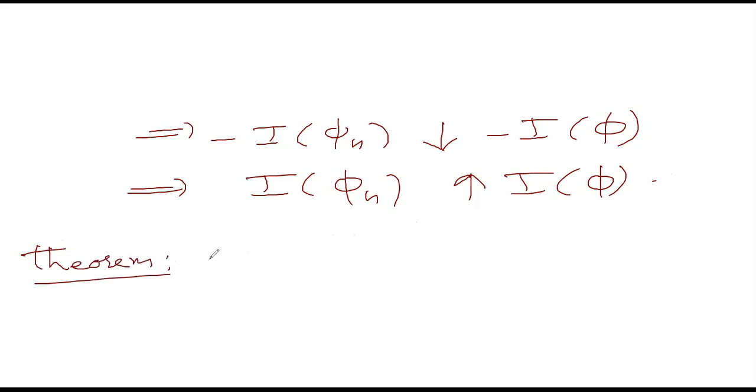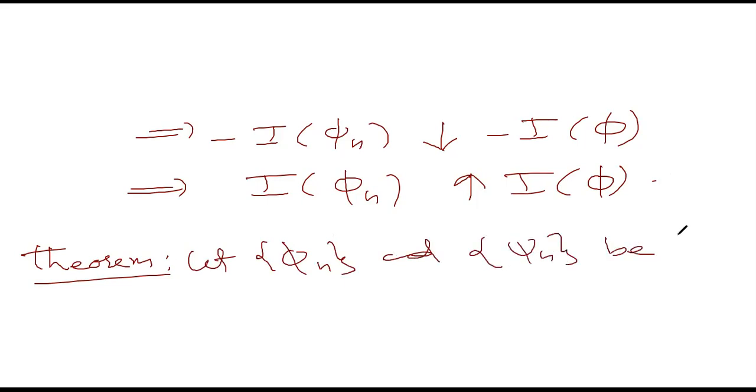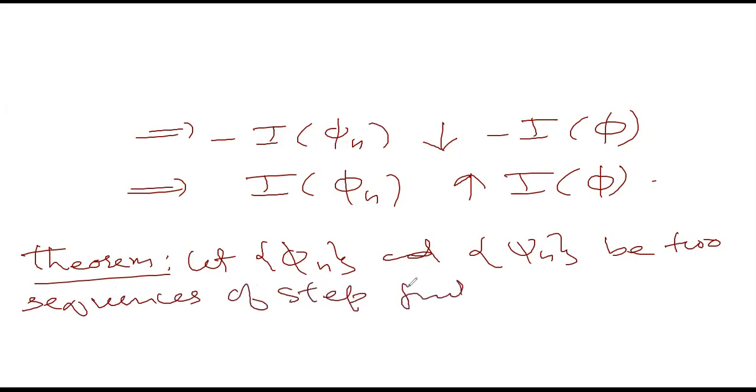Let phi n and psi n be two sequences of step functions, and f is a function from X to R star.